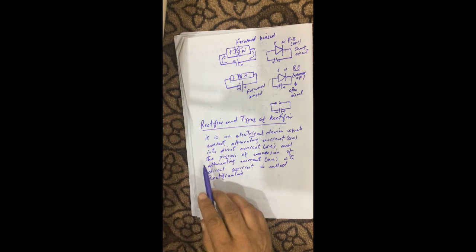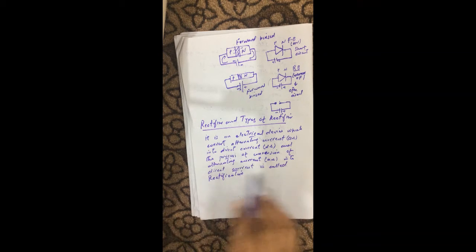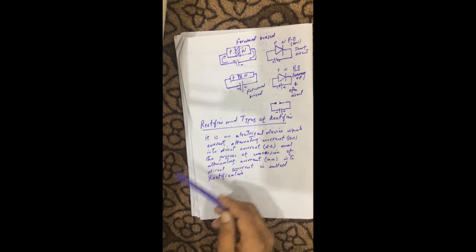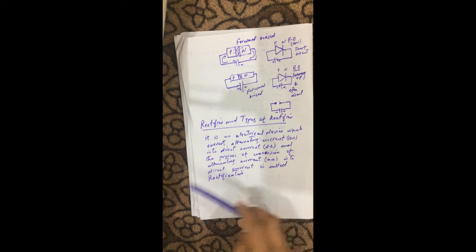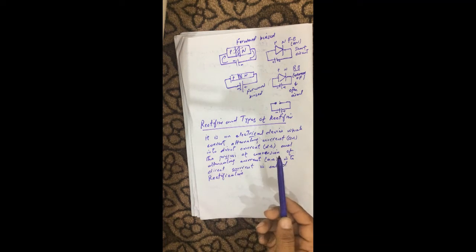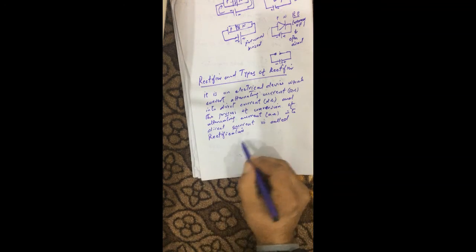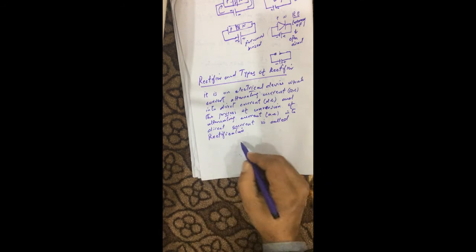Like a device which converts AC current into DC current, we call that device a rectifier, and the process of conversion of AC into DC is called rectification.